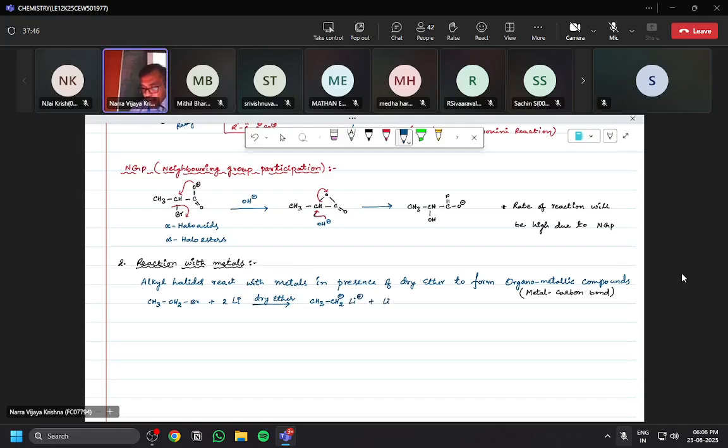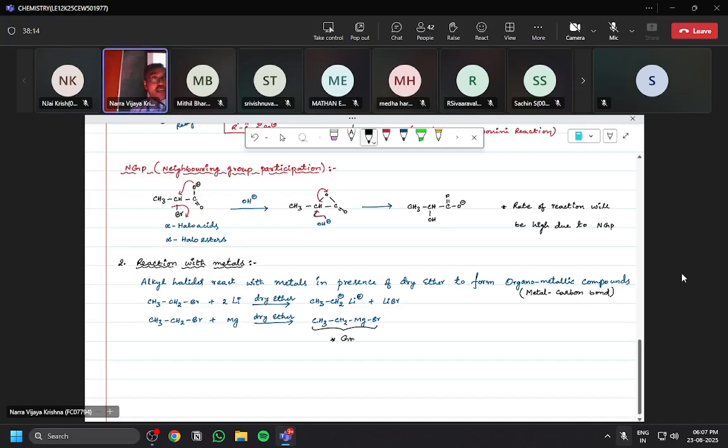Plus LiBr. Same way, if it is magnesium, CH3CH2Br allowed to react with magnesium in presence of dry ether. Now, what is the product? CH3CH2MgBr.